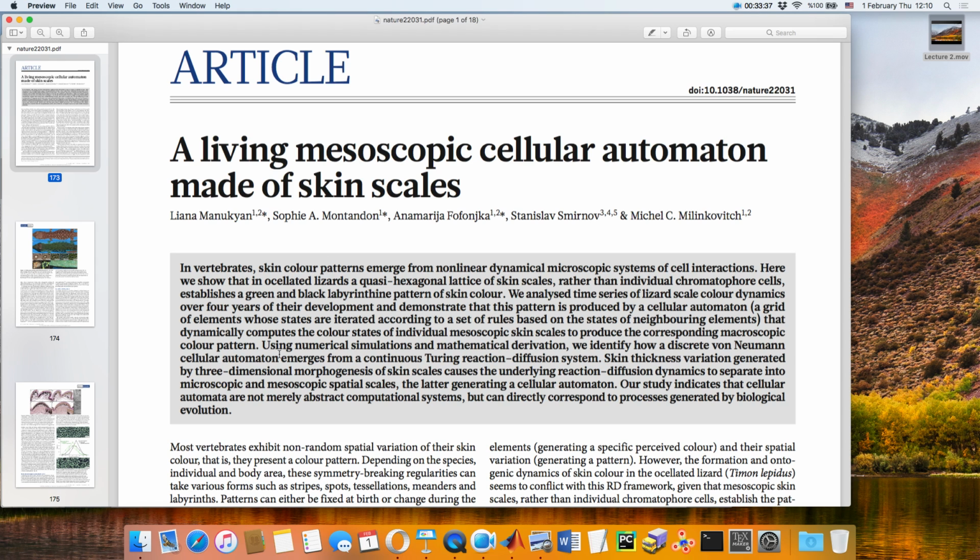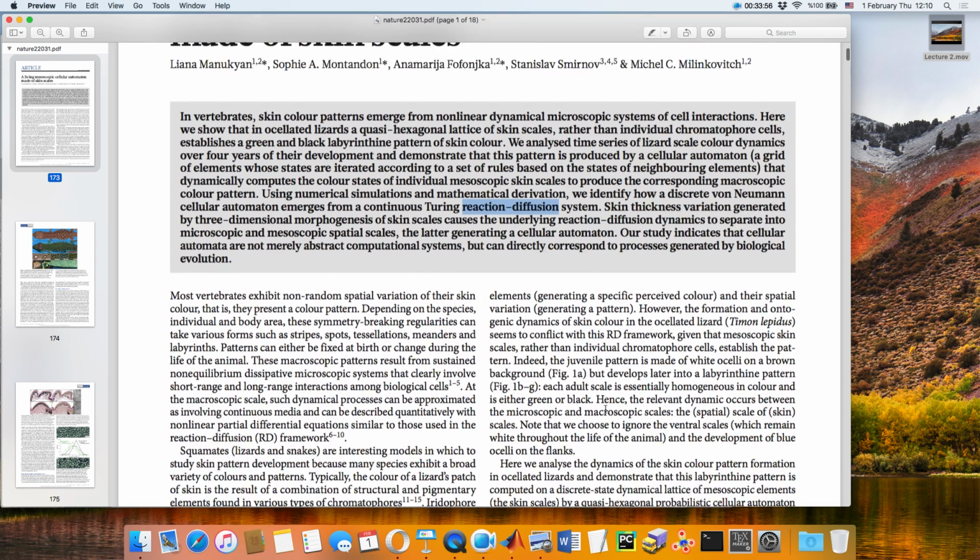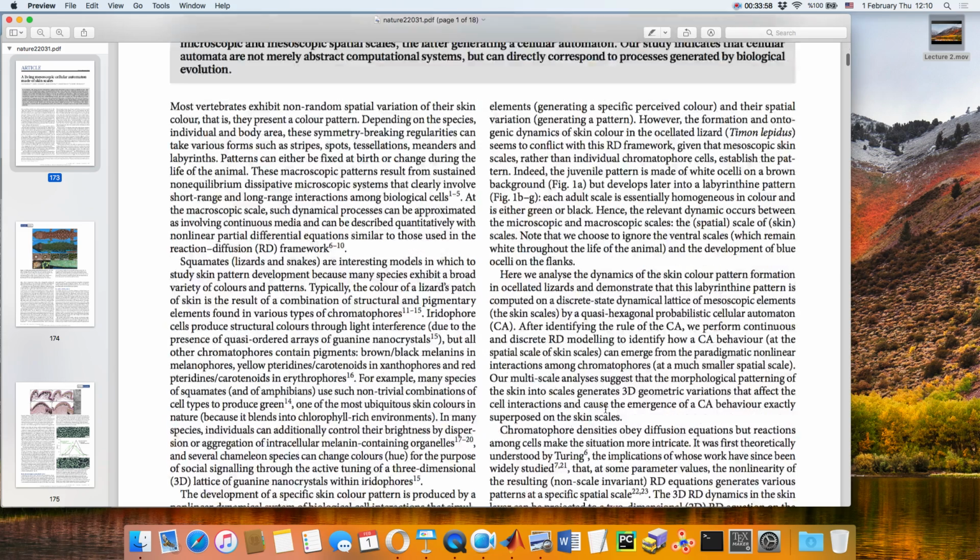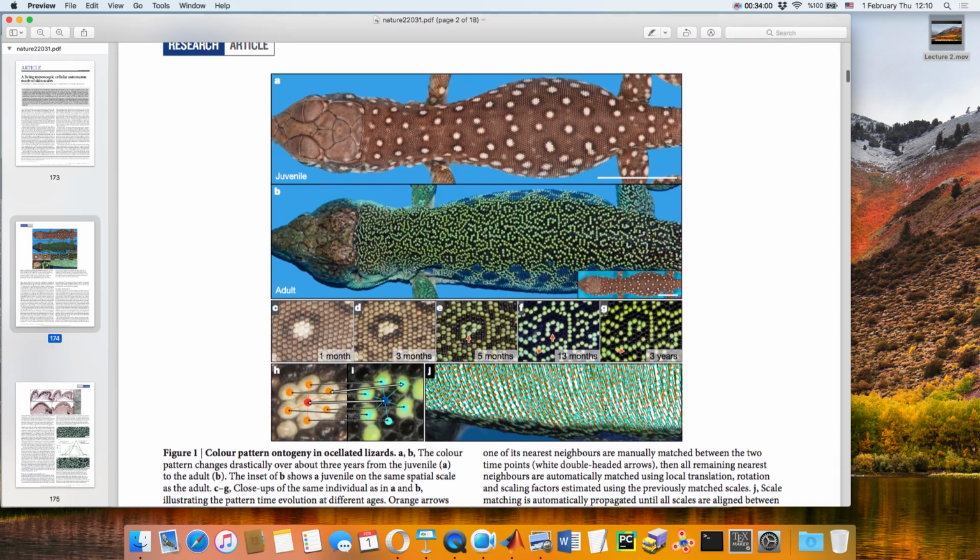And cellular automaton in general, whatever we do with these grids, you can trace it back to von Neumann. And reaction diffusion, we will come to this in, I don't know, 7th or 8th week in the subject of living together, okay? So this is a lizard that has these nice patterns.